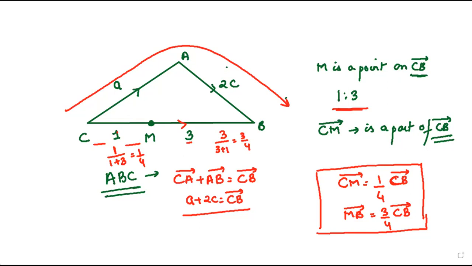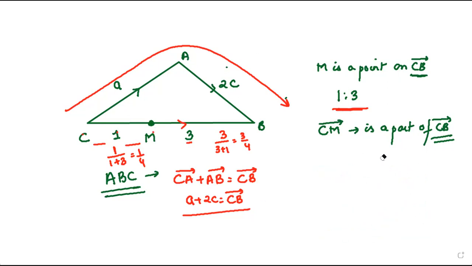Yes, so I'm just repeating this once again. If C to M is one part, so what I'll do, C to M, I'm writing down here. This is very important. So C to M is what? It's one part out of how many parts? The ratio is given in two parts, 1 and 3.